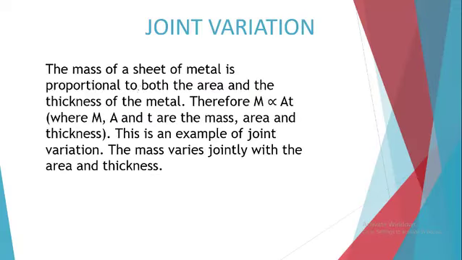So let's quickly look at joint variation. The mass of a sheet of metal is proportional to both the area and the thickness of the material of the metal. Therefore, M varies jointly as A and T, where M is mass, A is the area, and T is the thickness of the metal.